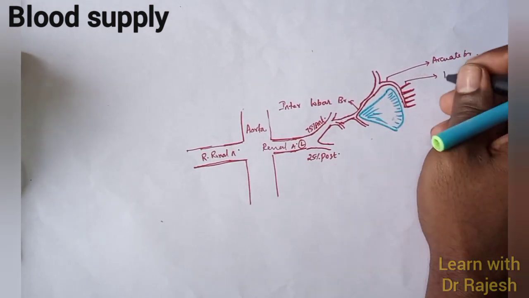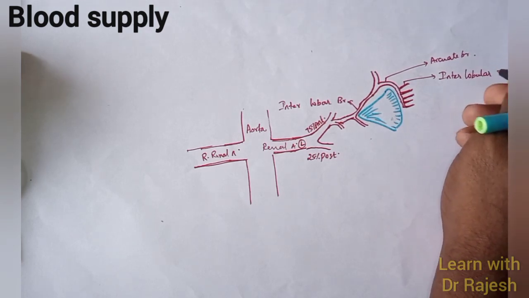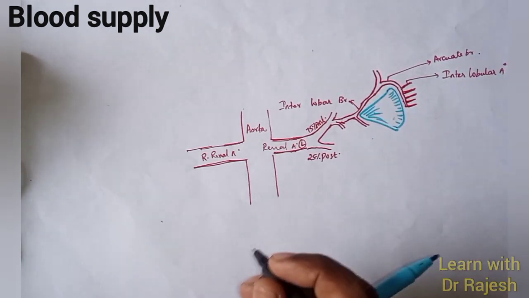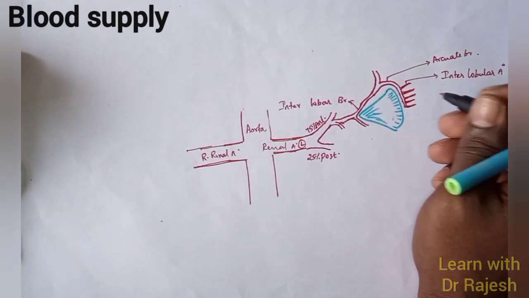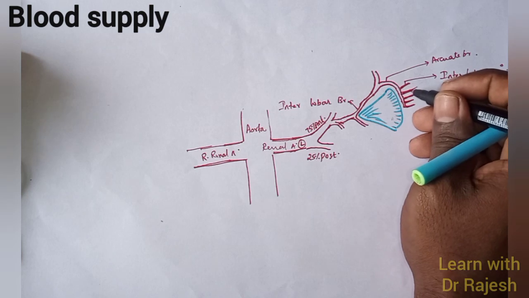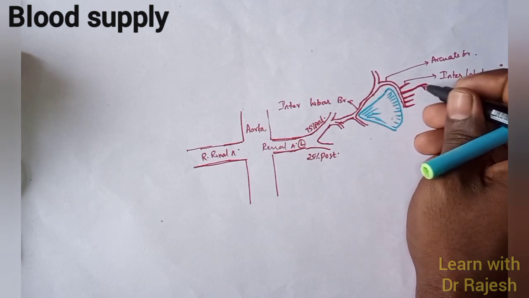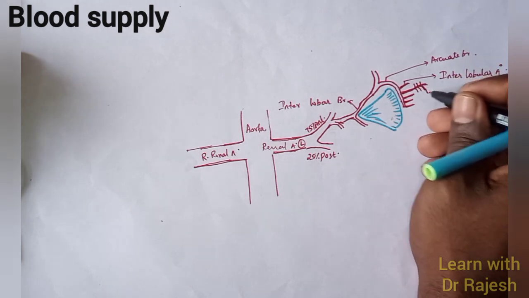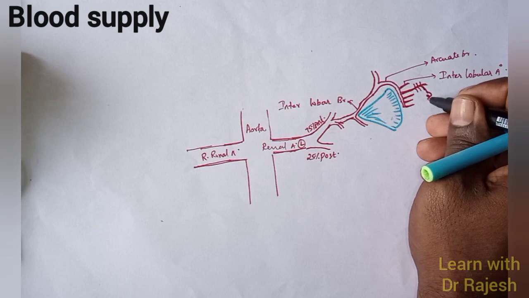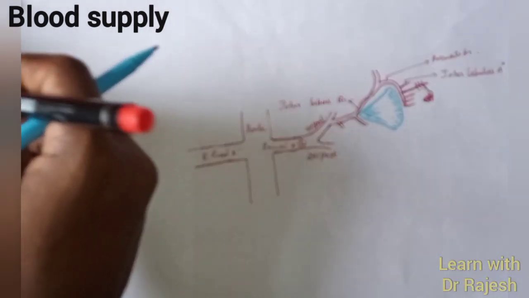These are called the interlobular artery. From the interlobular artery, many small branches will form the capillary network inside the glomerulus.